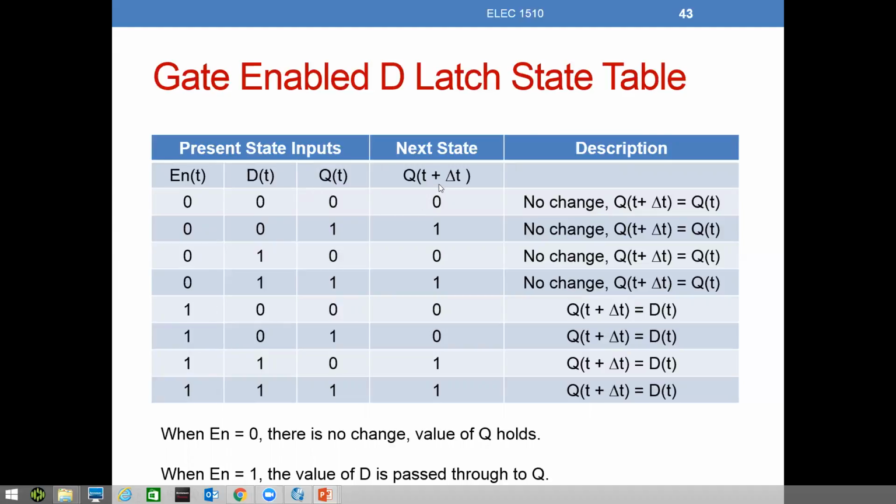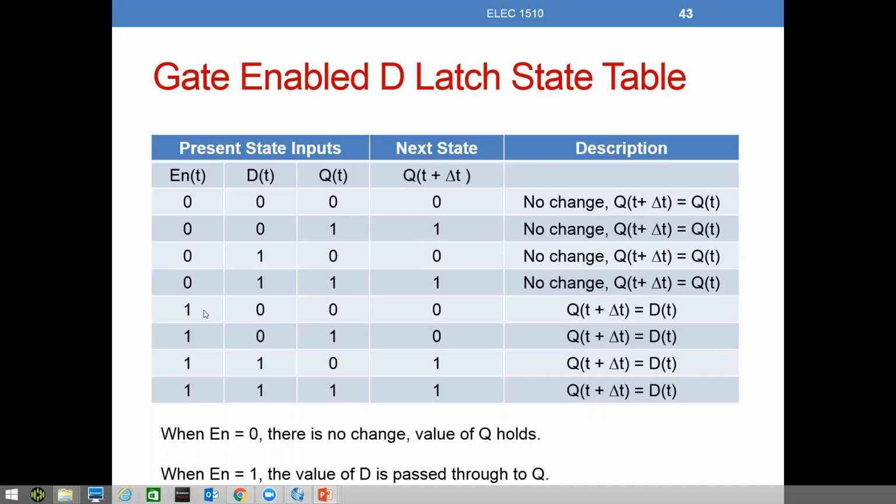Right? Our output of the circuit is Q in the next state at some time t plus delta t when we take that measurement. Notice as long as enable is a 0, the output, Q in the next state, will mirror Q in the present state. So 0 here, 0 here, 1 here, Q next 1, Q present 0, Q next 0, Q present 1, Q next 1, as long as enable is a 0.